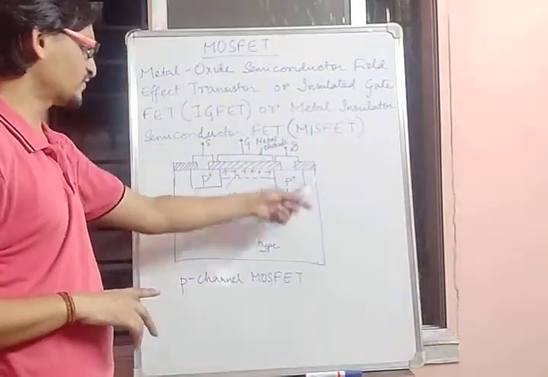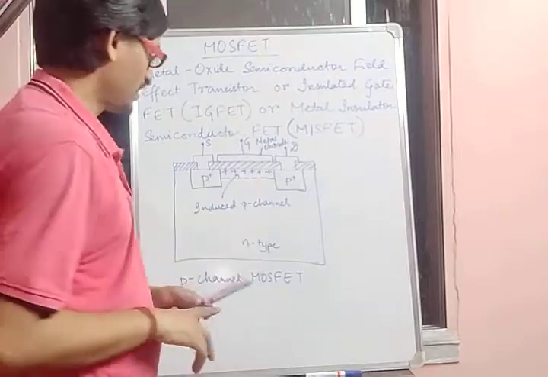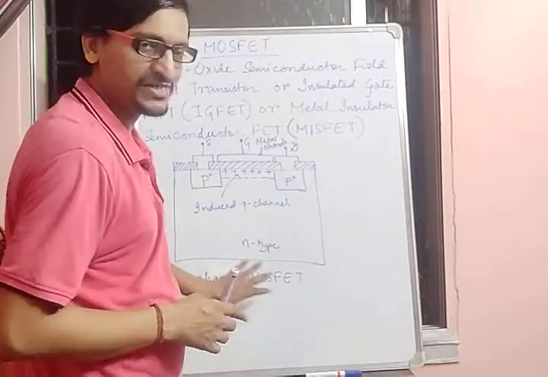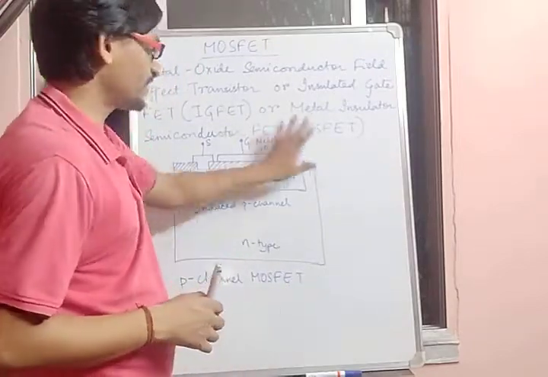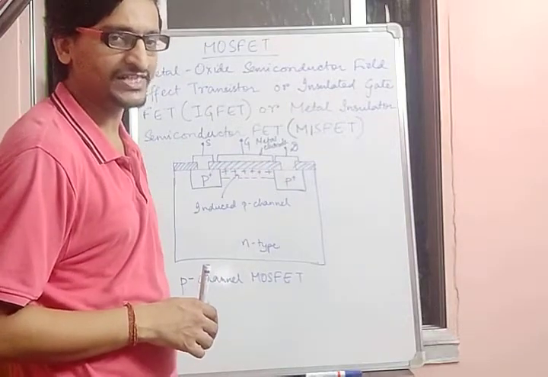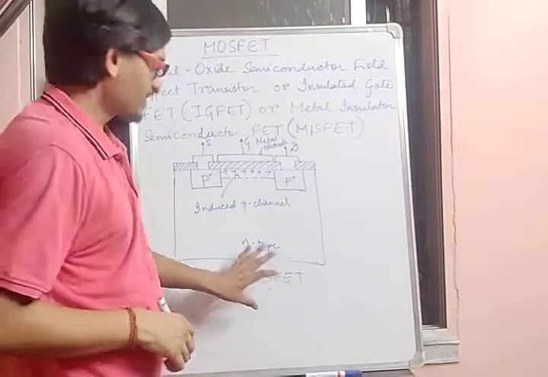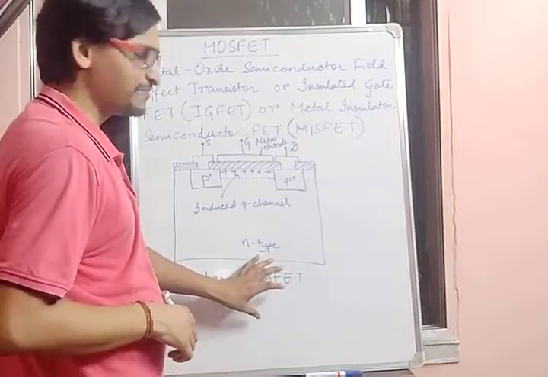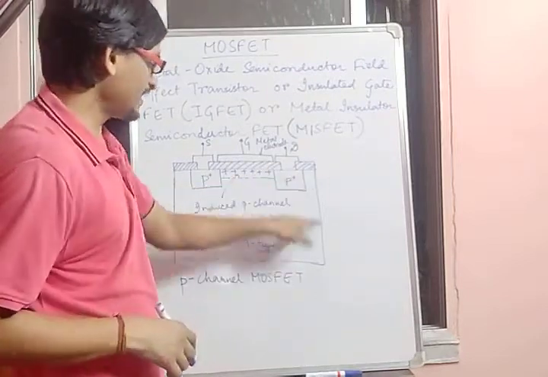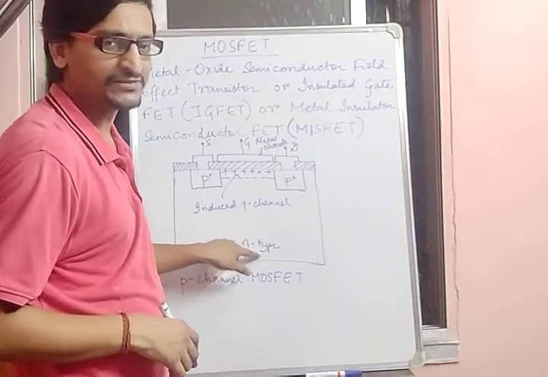So here we have shown a structure of a P channel MOSFET. This is basically a P channel MOSFET. So how is this P channel MOSFET constructed? In case of this P channel MOSFET, it basically consists of an N-type semiconductor substrate.